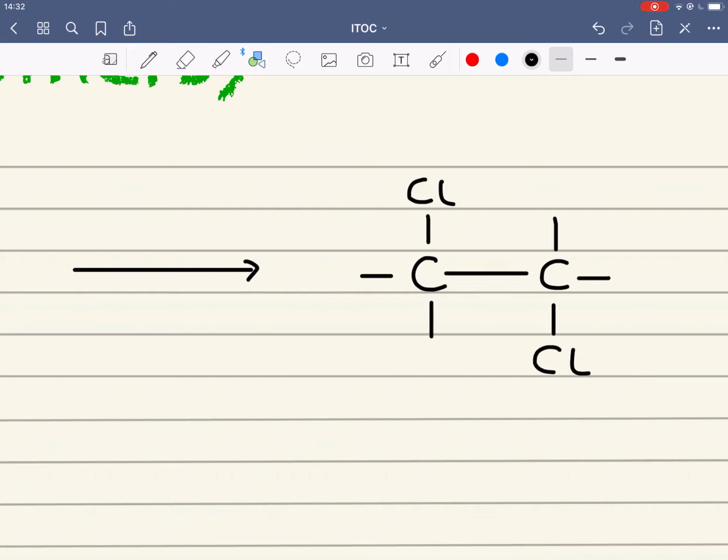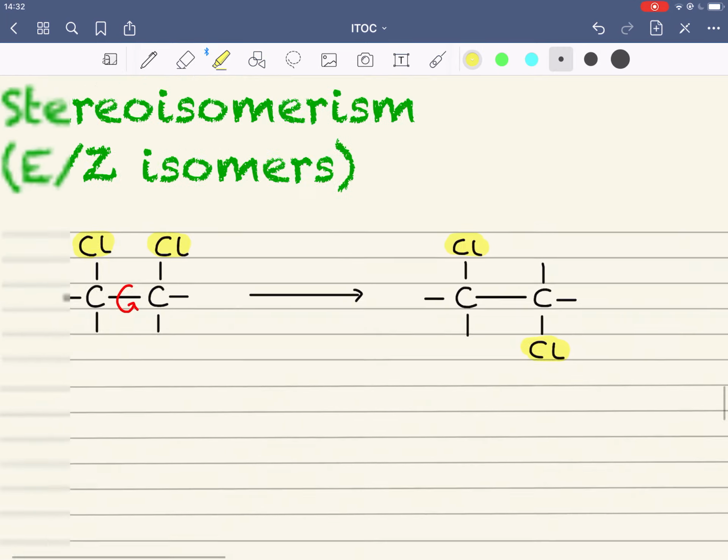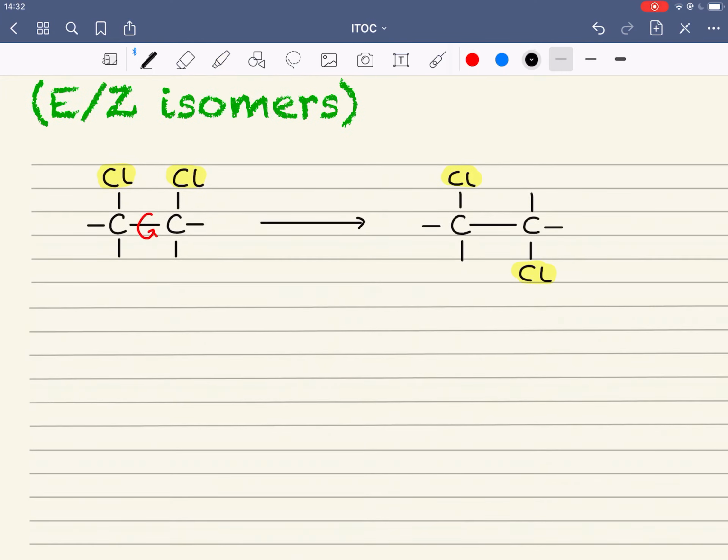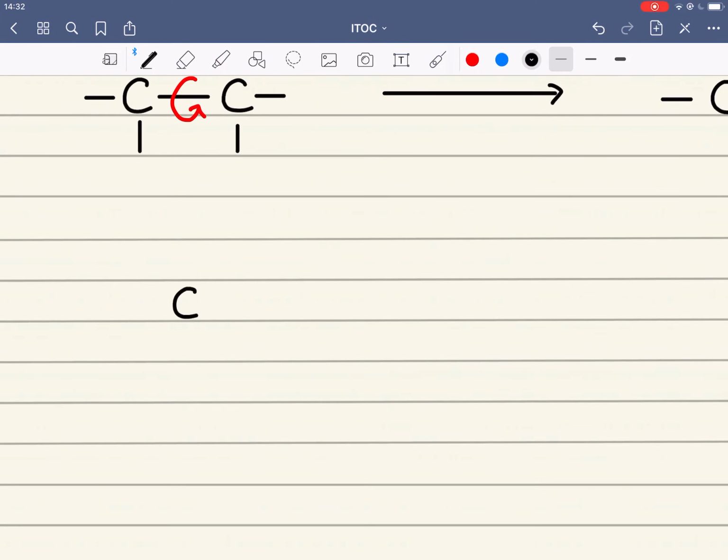And these molecules are in fact the same. Here I've written the chlorines above and below the carbon chain. Those molecules are exactly the same, 1,2-dichloroethane.